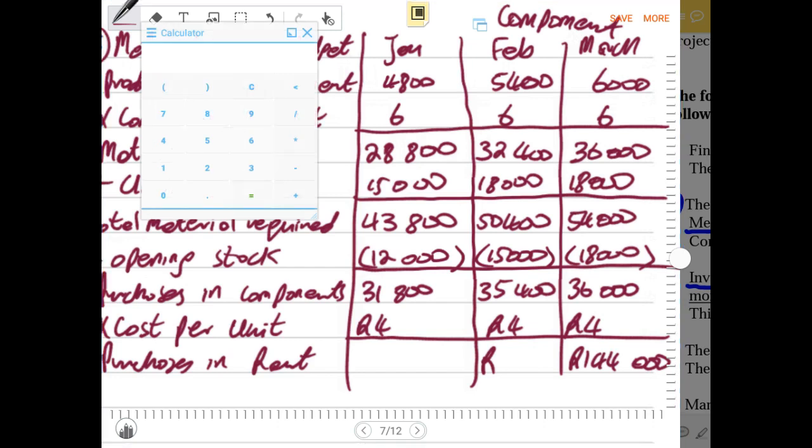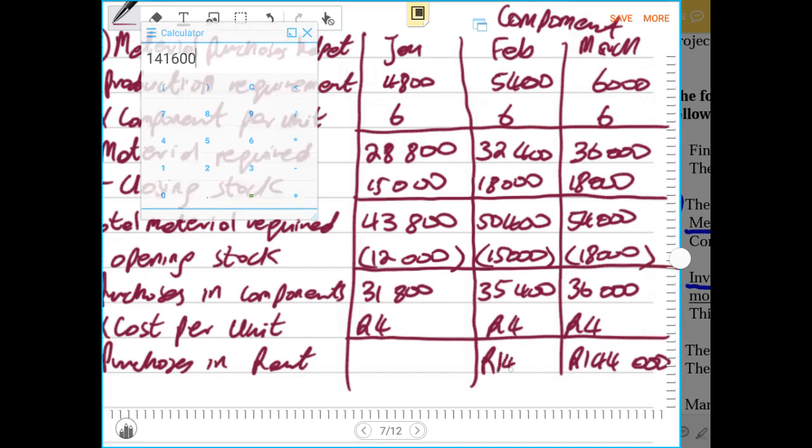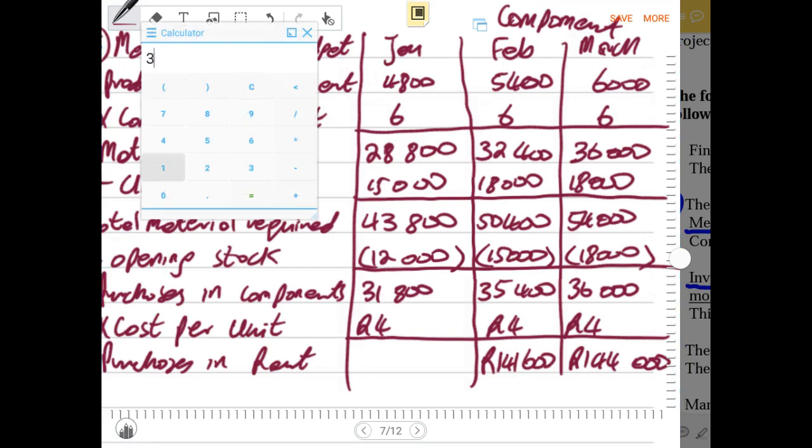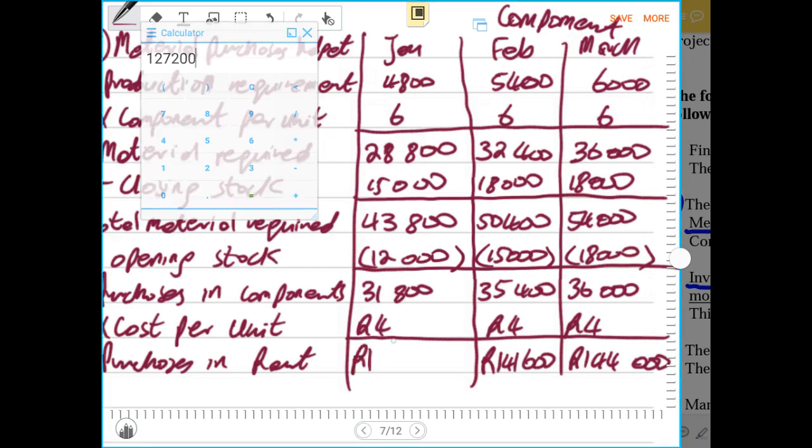Then 35,400 times 4 gives us 141,600. Then 31,800 times 4 gives us 120,000.